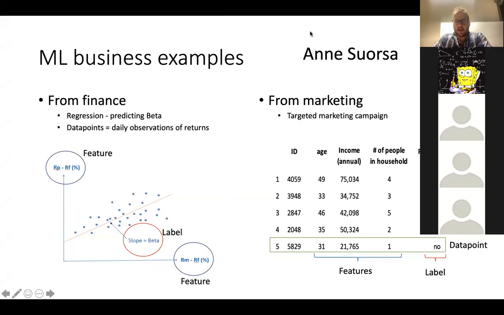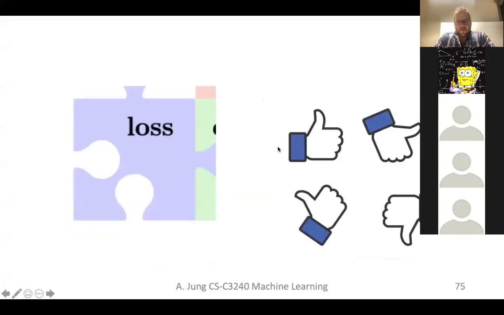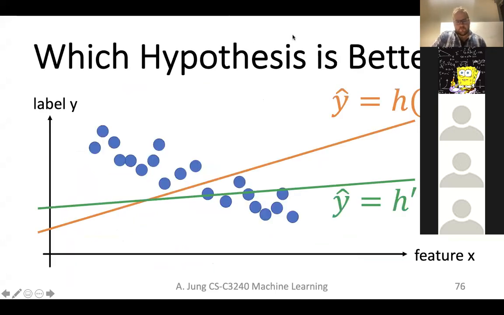Okay, but now I would like to continue with the actual core content. So far we talked about two main components, the first being the data. So we have data points.